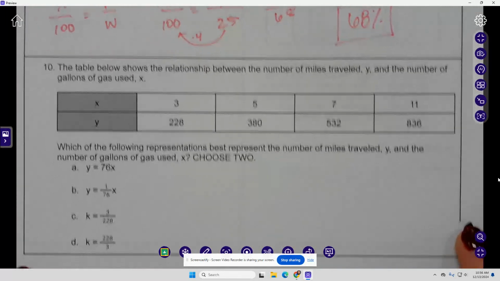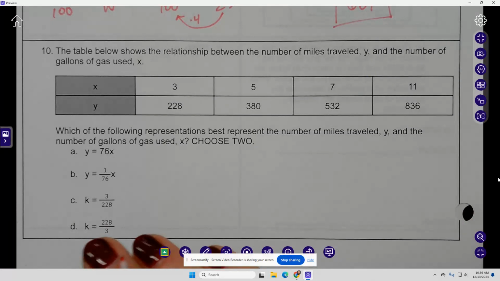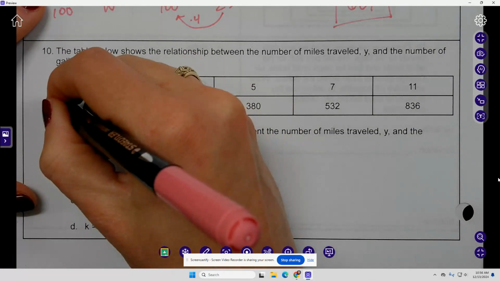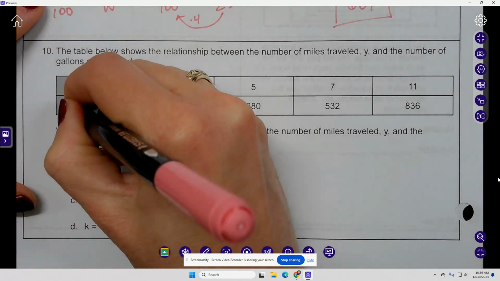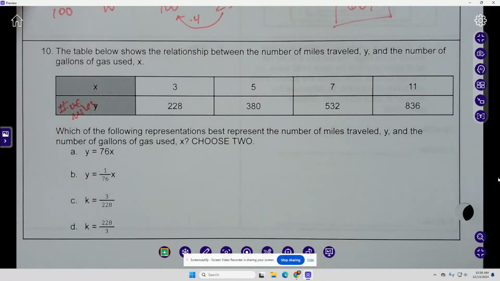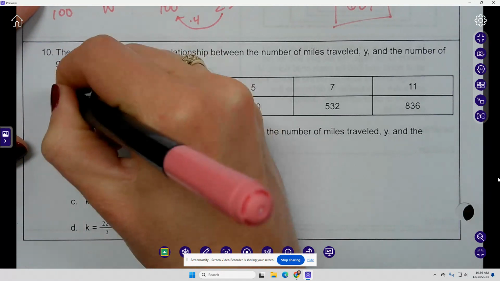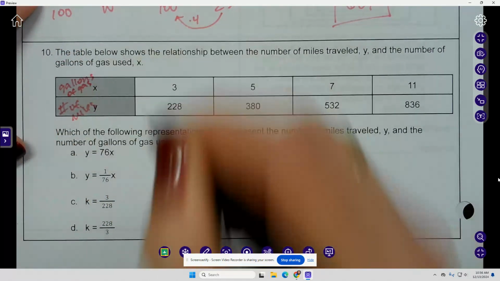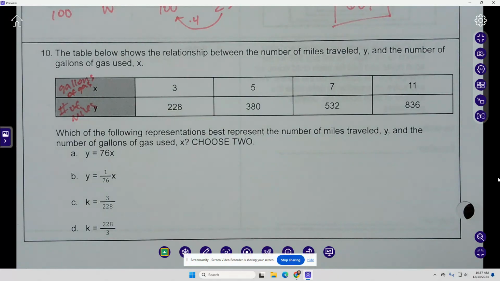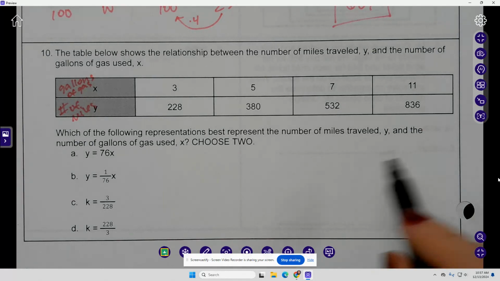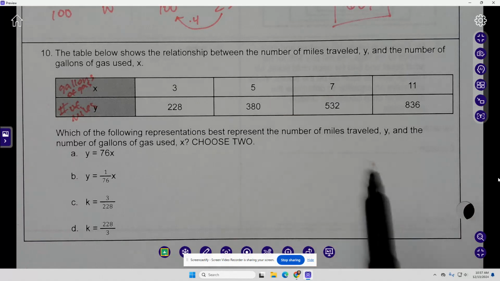All right, number 10. The table below shows the relationship between the number of miles traveled, Y, and X, the number of gallons of gas. Which of the following representations best represent the number of miles traveled, Y, and the number of gallons of gas used, X?